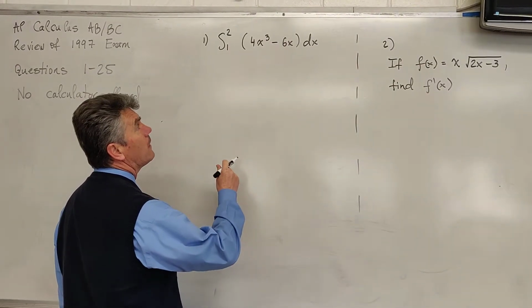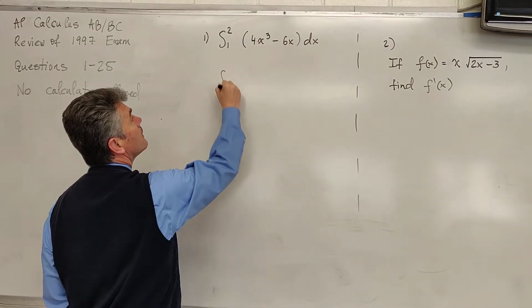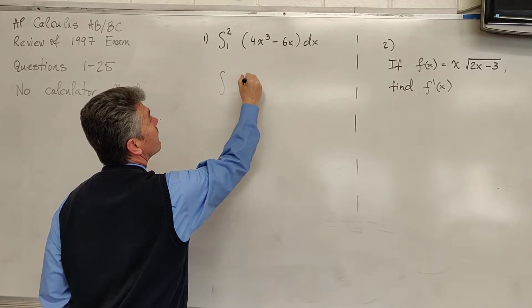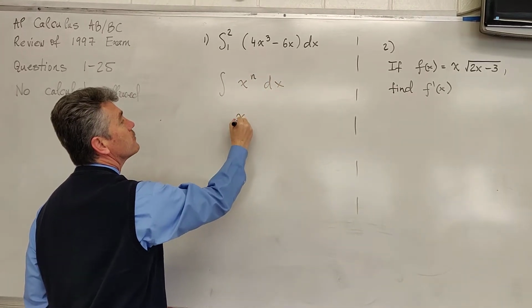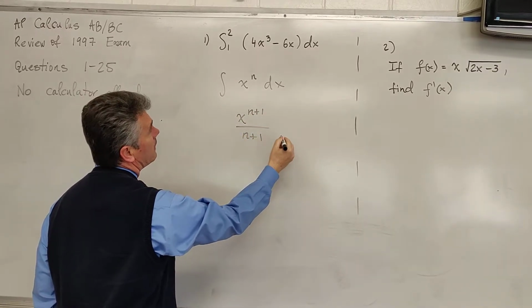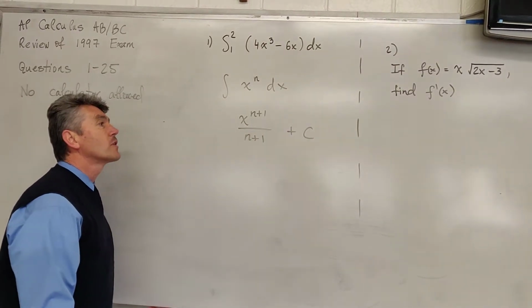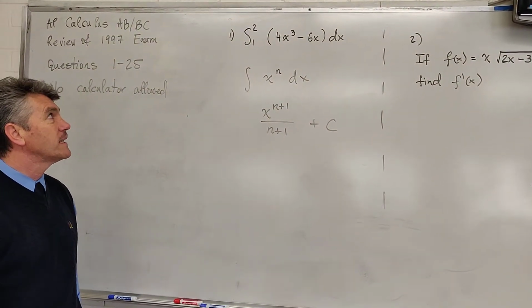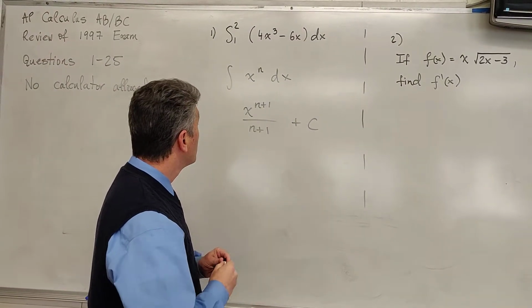I'm going to remind you, we're going to use the rule that states that the antiderivative of x raised to the nth power dx is equal to x to the n plus 1 over n plus 1 plus c. In this case, we're going to ignore the constant because it is the definite integral, which is a number.